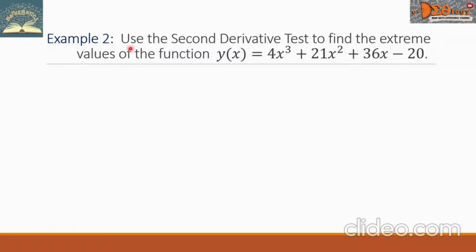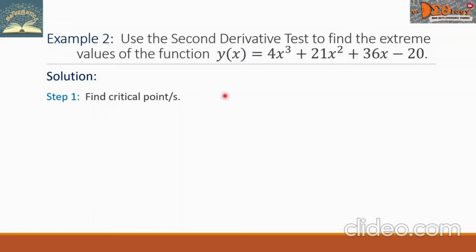Example 2. Use the second derivative test to find the extreme values of the function y of x equals 4x cubed plus 21x squared plus 36x minus 20. Step 1. Let us find critical points.